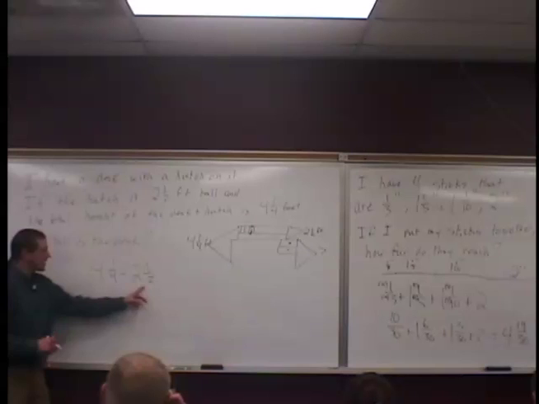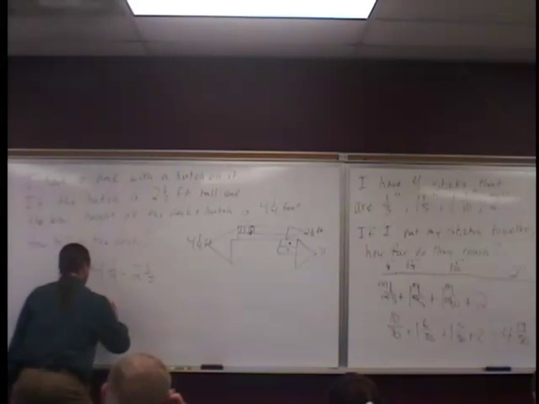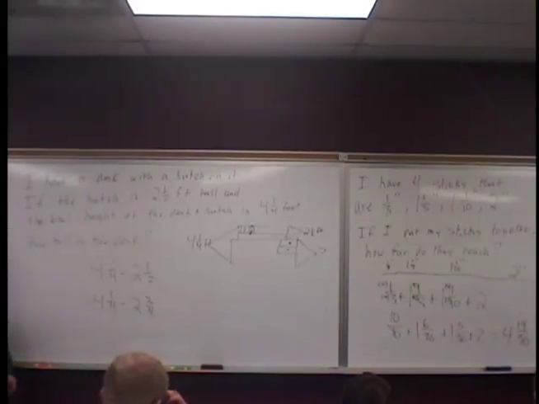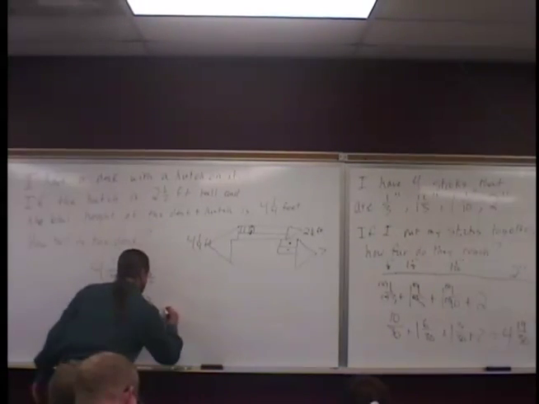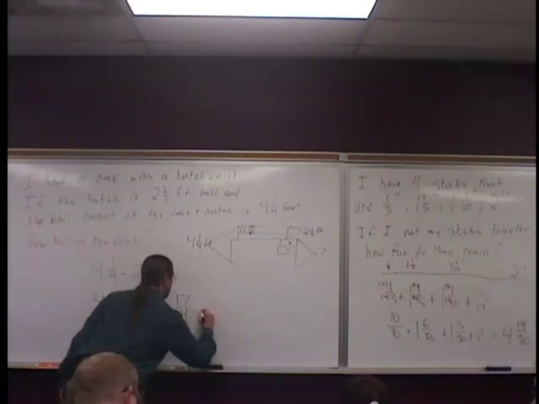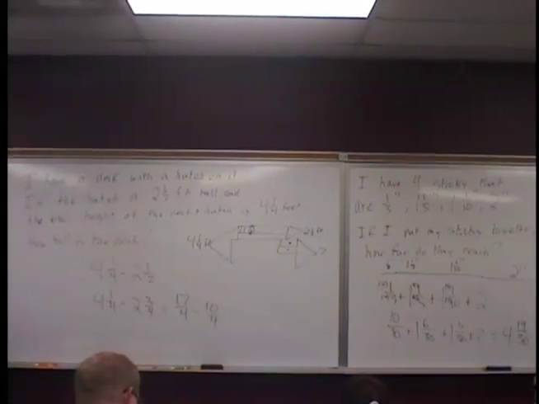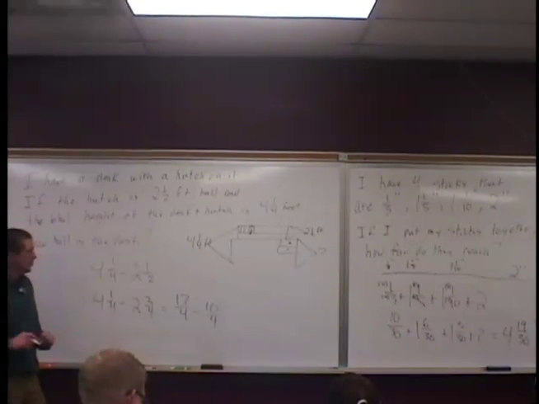If we are subtracting mixed fractions, what are we going to do? Common denominator. So first we say 4 1/4 minus 2 2/4. My advice when you're subtracting these sorts of things, convert them to improper. Tends to make life easier. 4 times 4 is 16 plus 1. 2 times 4 is 8 plus 2.